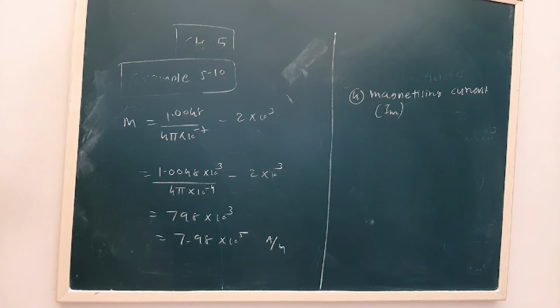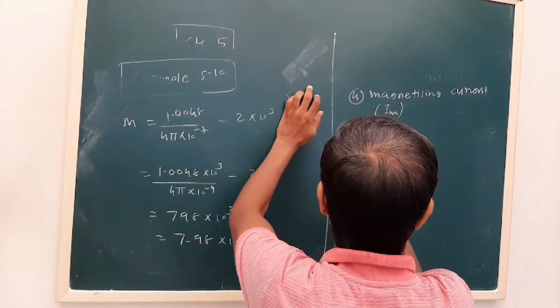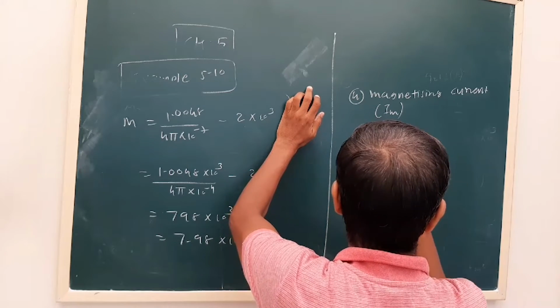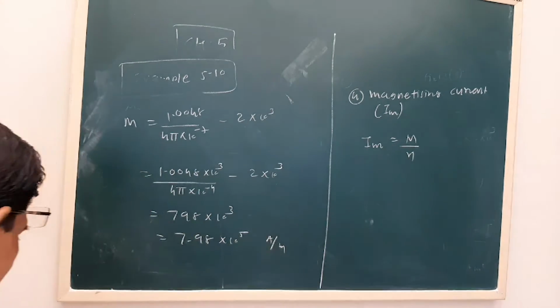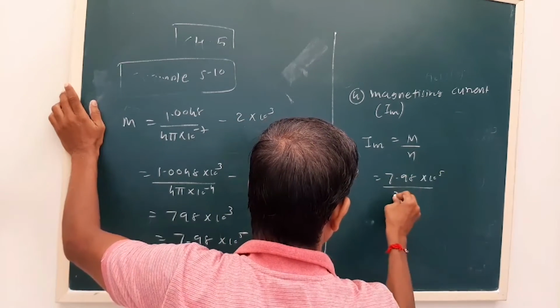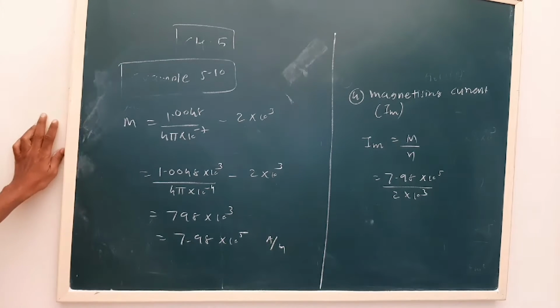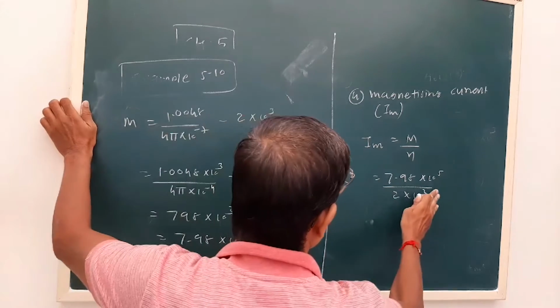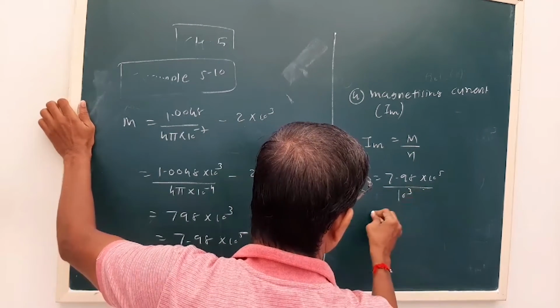Now see, magnetizing current is the additional current that should be passed so that it gives a similar value of the magnetization. So in that case we have to remember Im is equal to M upon n. The M value we have obtained, n is 2 into 10 to 3, 1000 turns per meter.